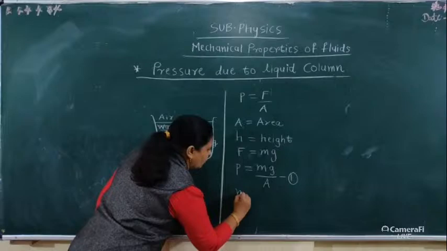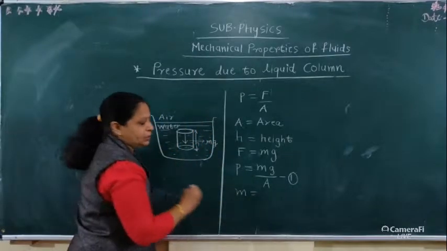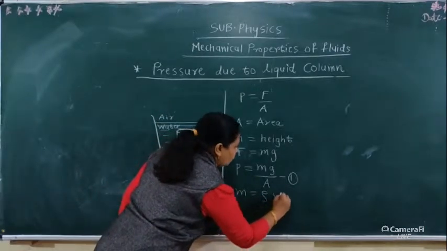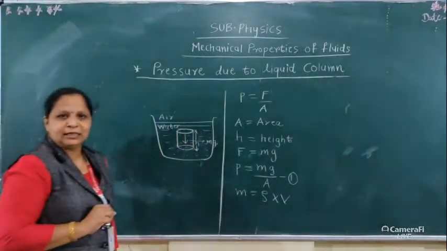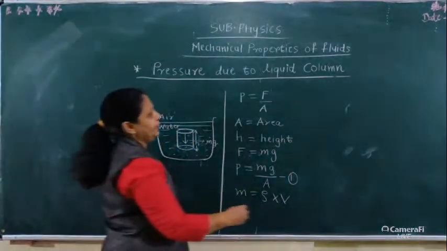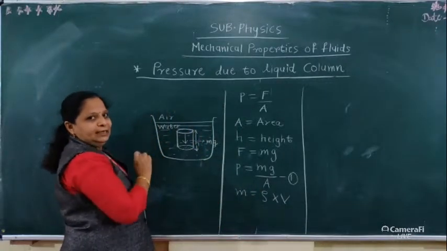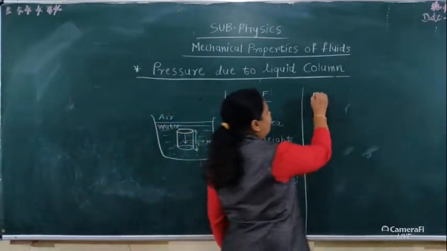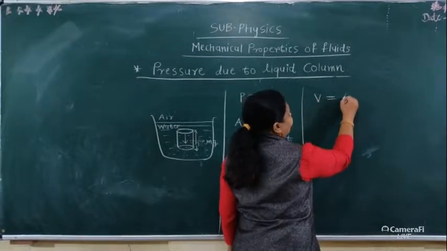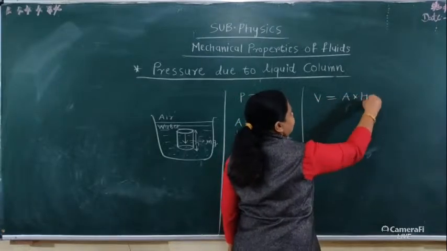Now m is the mass of the liquid which is in the cylinder. Then you know the formula of mass. Mass is equal to rho into volume, means density into volume. Then volume is nothing but the volume of the cylinder. Therefore, volume of the cylinder is equal to area into h.